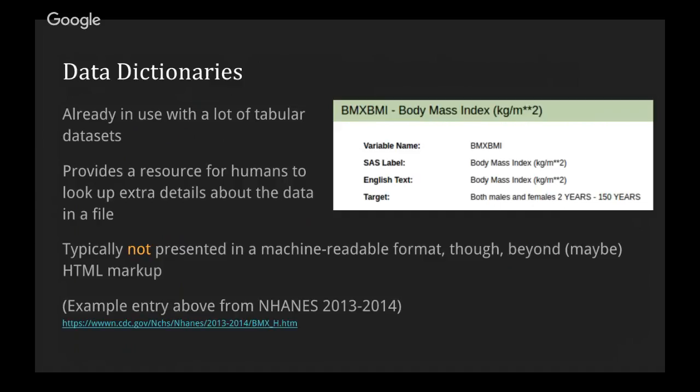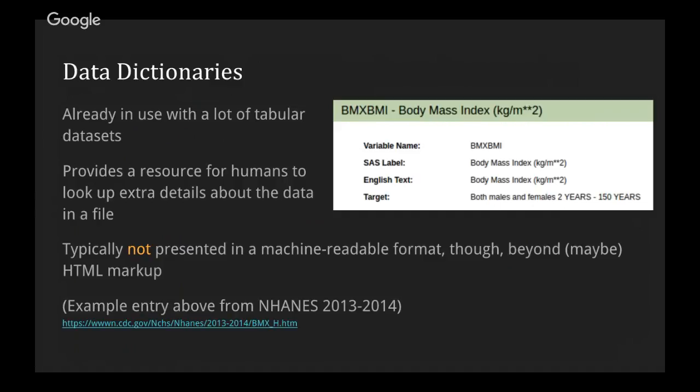For example, in the Jefferson Project, we were using sensors that would output data automatically, and they would give a CSV file report of that data with numerical column headers, and you had to look up in the manual what those meant. Or in this example from the NHANES study, we have a shorthand code for the name of your variable, and that's what's in your file. The data dictionary will tell you the full expansion of that.